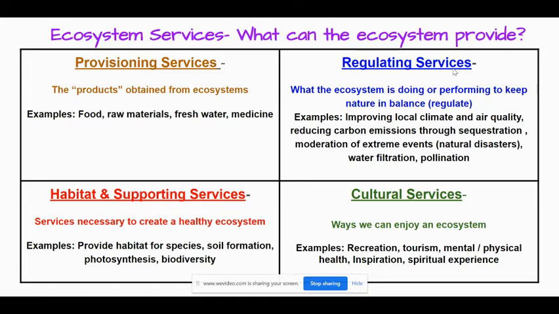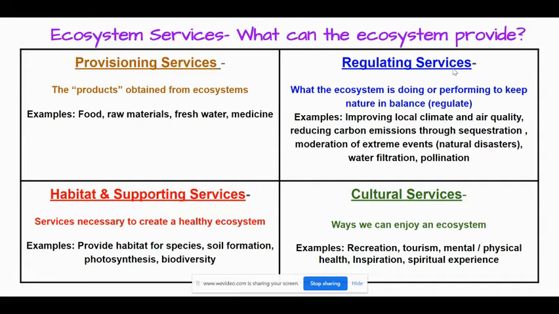It also helps prevent extreme impacts from natural disasters. For example, if there was a major flood in a native natural ecosystem, more than likely you're not going to see any huge impact because there are so many plants with so many roots, and it allows for that excess water to be absorbed right into the soil.